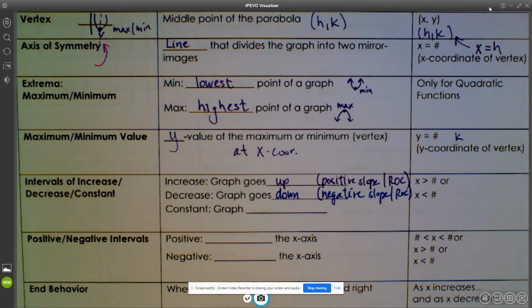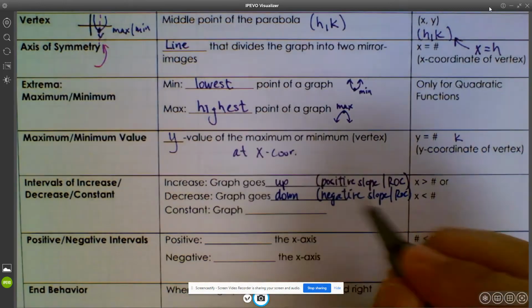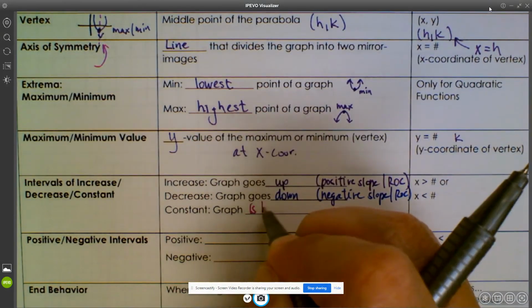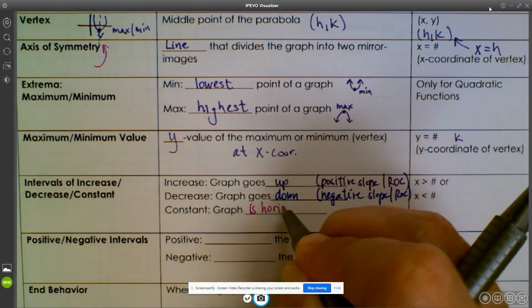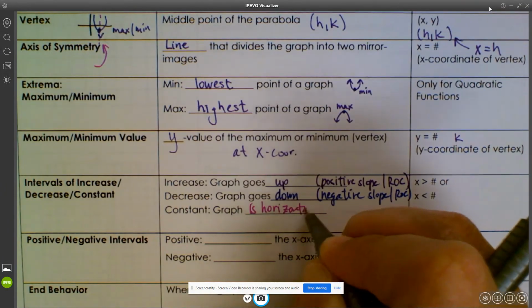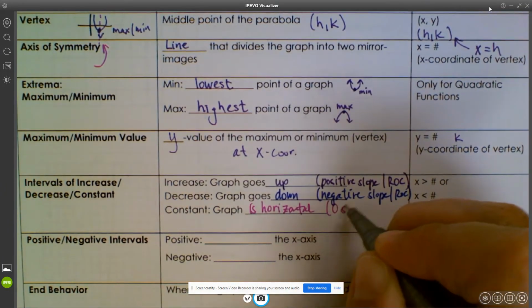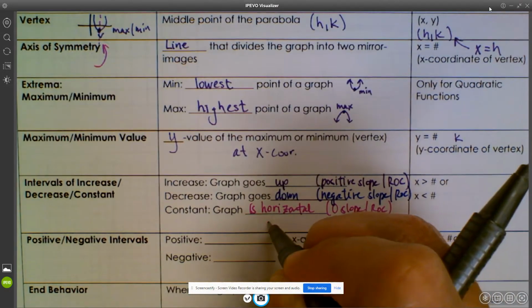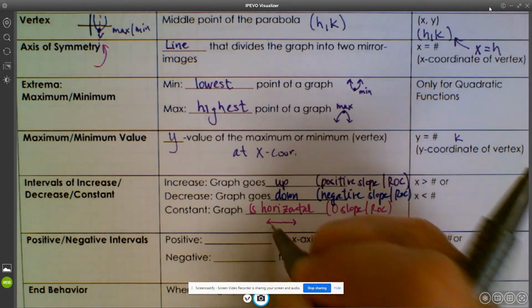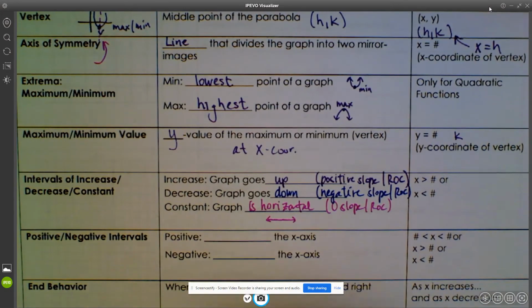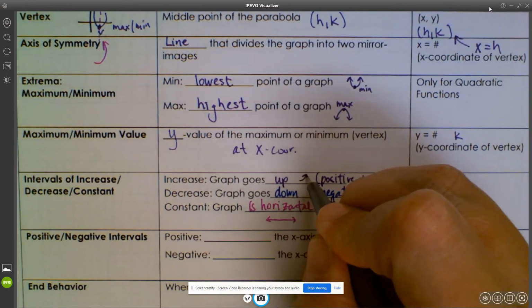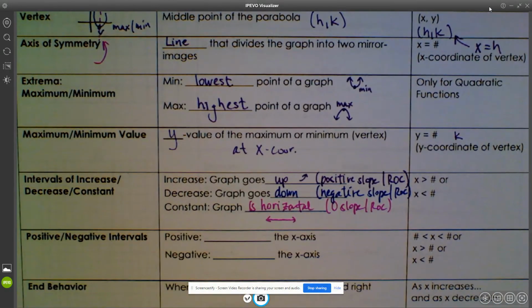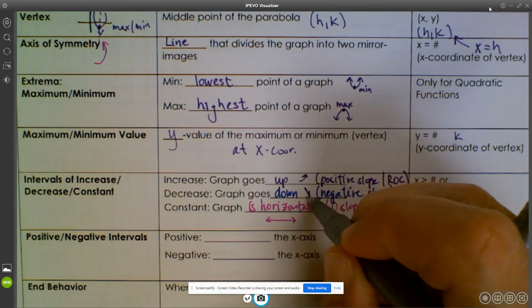And then sometimes the graph is constant. That's where the graph is horizontal. And remember, that is a zero slope or rate of change. Think about it. If a graph is just like this, there is no change on it. Whereas increasing goes that way, and then decreasing obviously would go that way.